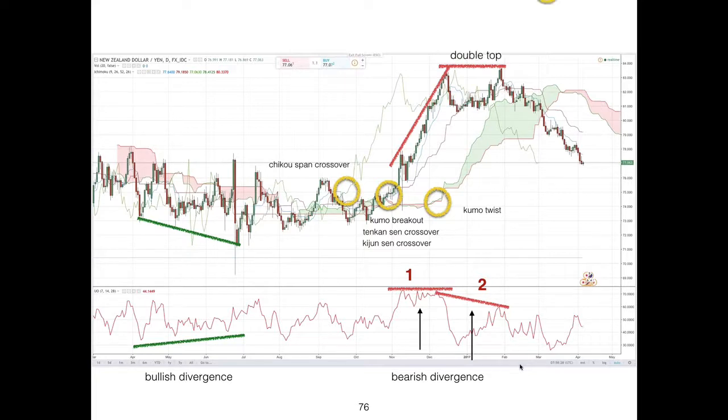So with probability boosters such as the divergences, we are able to assess with higher certainty what the direction of the market will be. So we add Ichimoku with divergences to give us clear pictures and a more definite direction for the market.